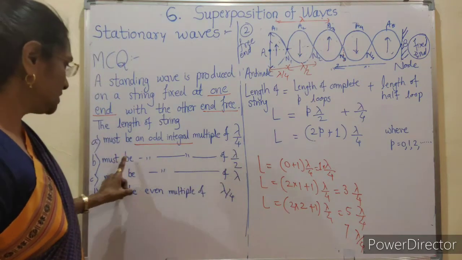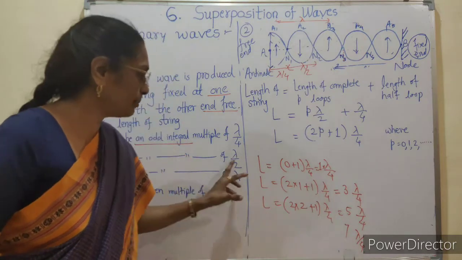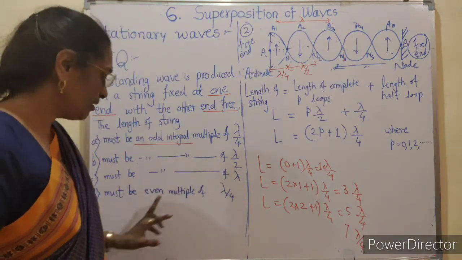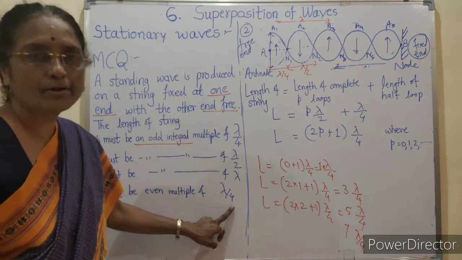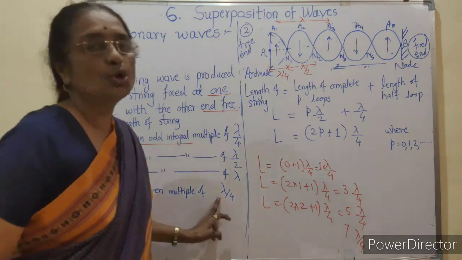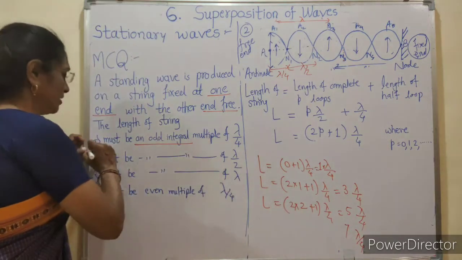The next option is an odd integral multiple of lambda by 2. Here there is no lambda by 2, only lambda by 4. And the last option is must be an even multiple of lambda by 4. So this is also not true. The first option is correct.